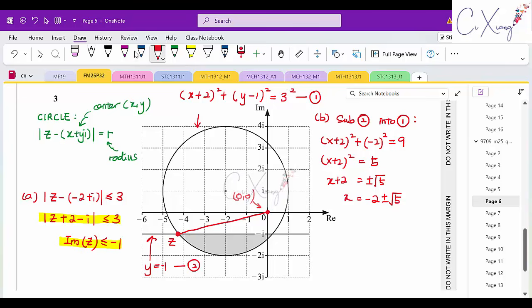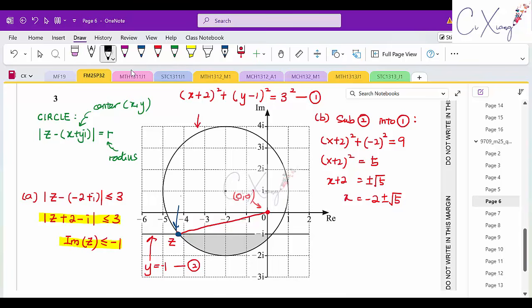So from here, you can see that there are two intersection points between the line and the circle, right? This is the first one, and this is the second one. And we are interested in looking for this one, the blue arrow one. So what's the x coordinate now? Do you think it should be negative 2 minus square root 5 or negative 2 plus square root 5? I think it's quite obvious, right?